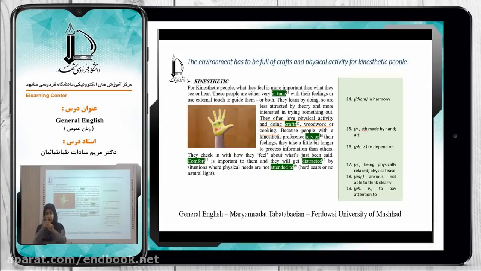So, physical activity, doing crafts. What are crafts? Yes, making things with hands. So, is the sentence true? It says that the environment has to be full of physical activity and crafts. Do kinesthetic people like them? They do. So, the sentence is true.